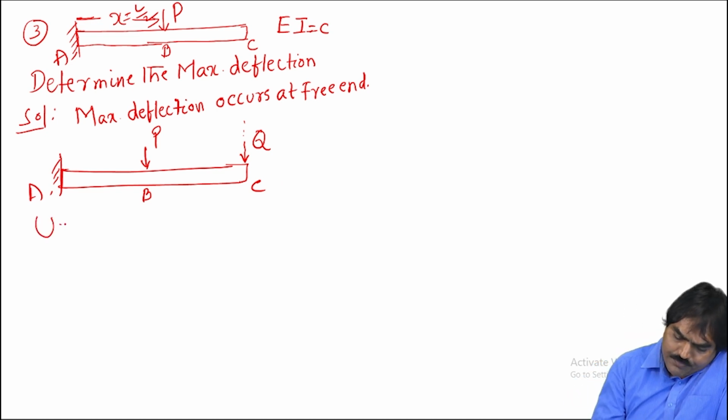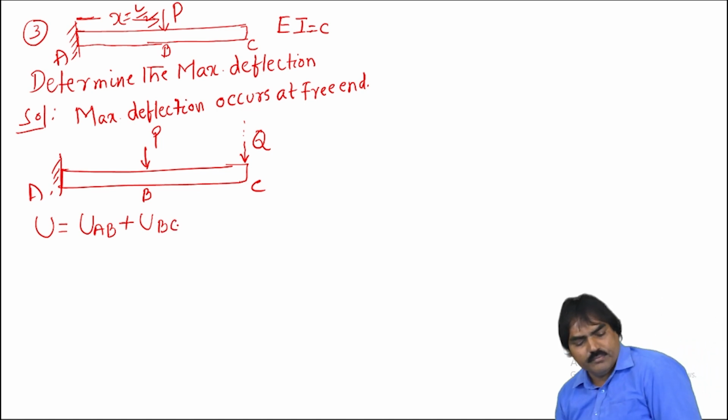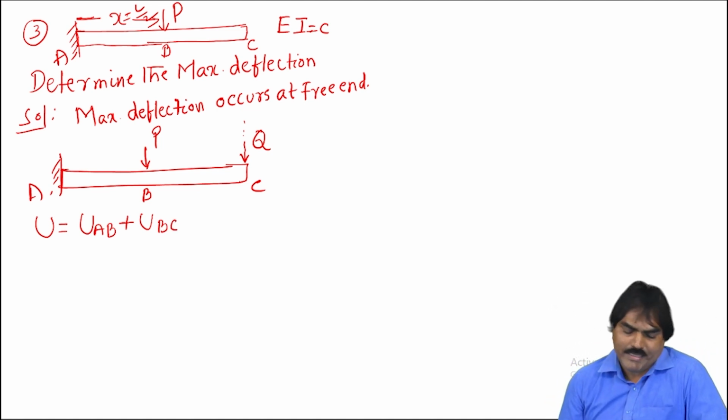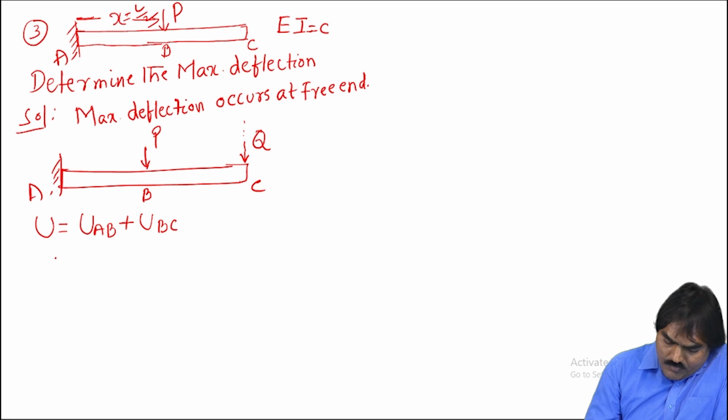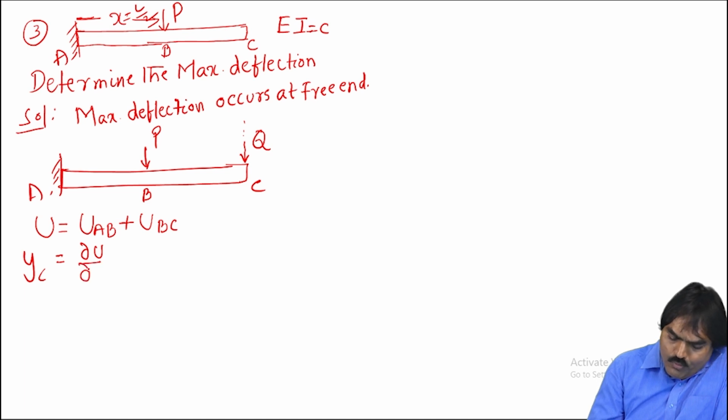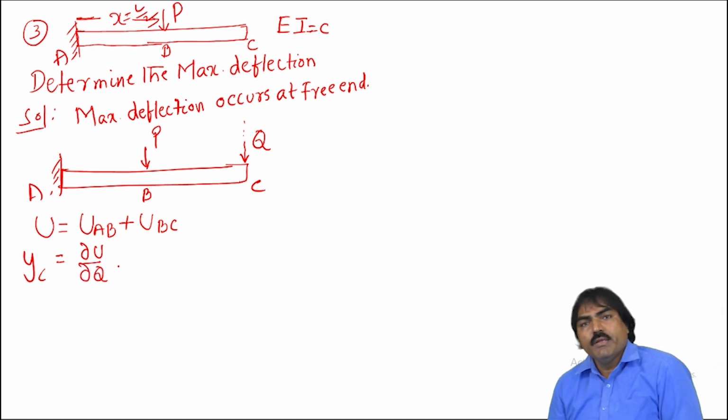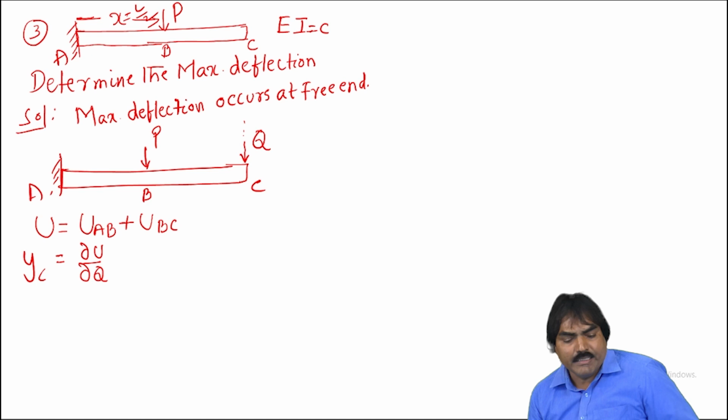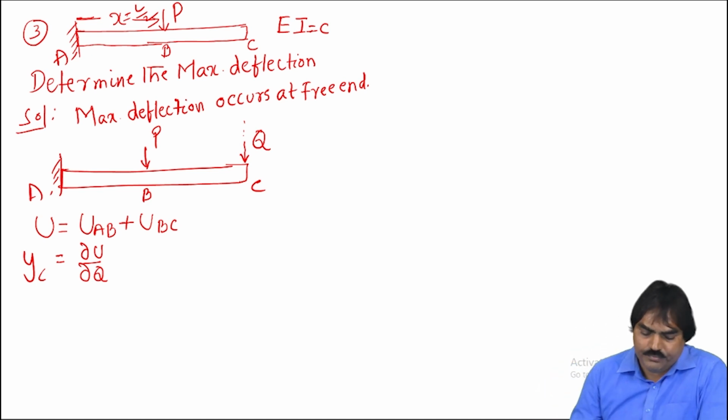What is the total energy? Energy in the portion AB plus energy in the portion BC. Okay. This is the total energy. So what is YC? YC is equal to dou U by dou Q.